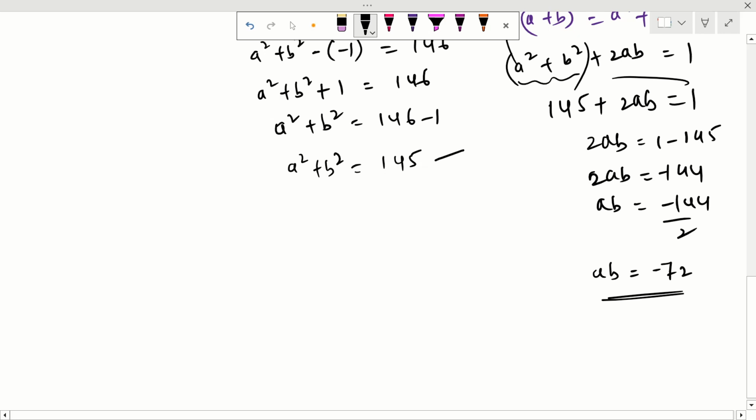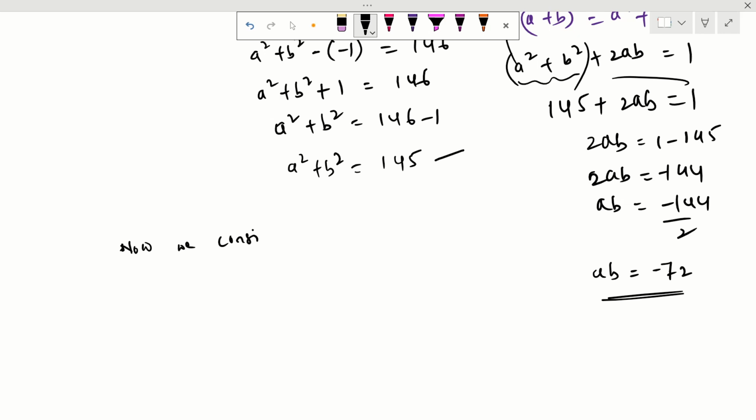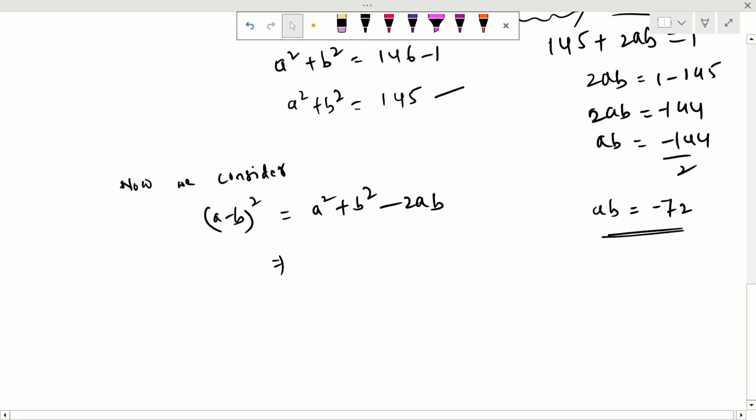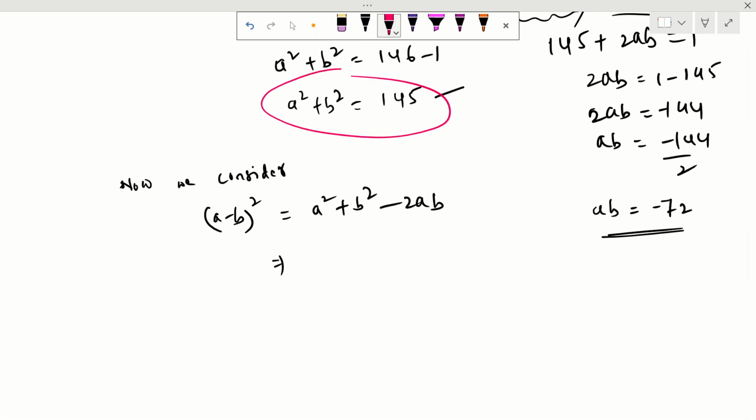And now we can consider a formula, that is a minus b whole square, right? The formula for a minus b whole square is a square plus b square minus 2ab, right? Now in this we can fill the value of a square plus b square, that is 145, and minus 2ab, and we know ab is minus 72.